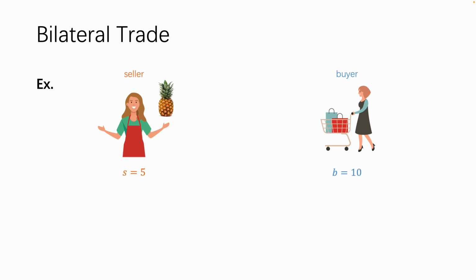trade. For example, suppose here the seller wants to sell a pineapple to the buyer. Suppose the cost for the seller is deterministically $5 and the buyer values the pineapple deterministically at a price of $10. Then, a possible mechanism may operate as follows. It first asks the seller, are you willing to sell the item at a price of $7?